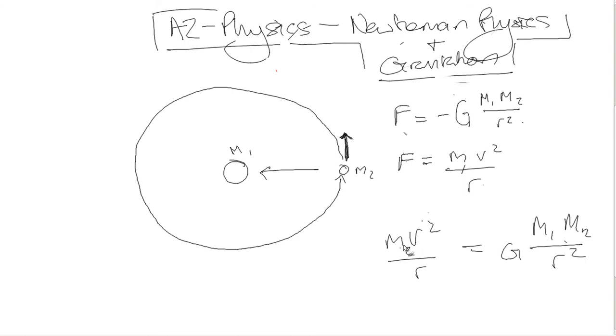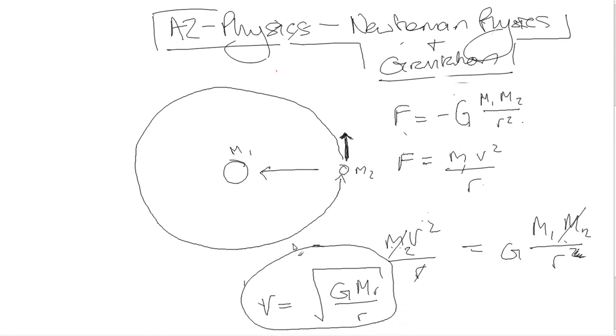Again, m2 cancels off, r cancels off, so we end up with v, the velocity of the Moon, equal to the square root of G m1 over r. That's the velocity it's traveling at that keeps it in orbit.